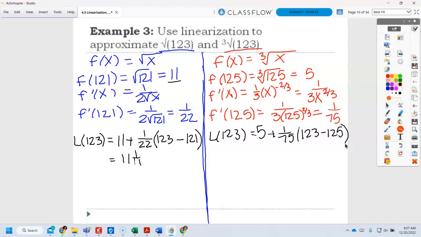It just means that my answer is going to be less than my nice pretty point. That should make sense because my nice pretty point is 125, and I'm predicting 123. The cube root of 123 should be smaller than the cube root of 125. So I get 5 minus 2/75, which is 4 and 73/75.